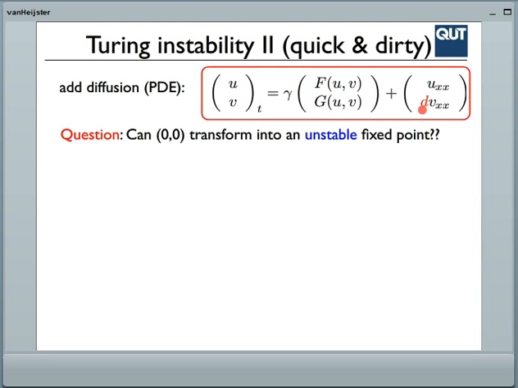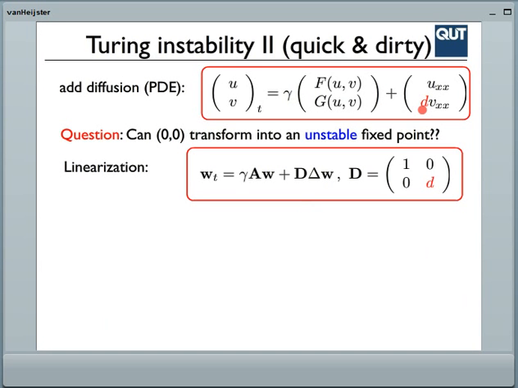So we proceed in the same way. We first linearize the equation, but we still have the Laplacian in here, right? And now D is the diagonal matrix with the diffusion coefficients. Now what to do? Plug in, before we can determine the characteristic polynomial, now in terms of the wave number.